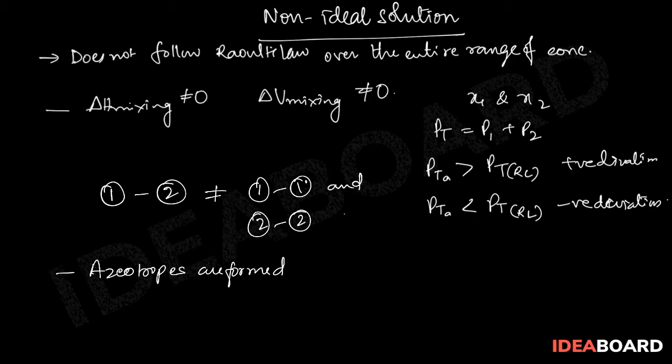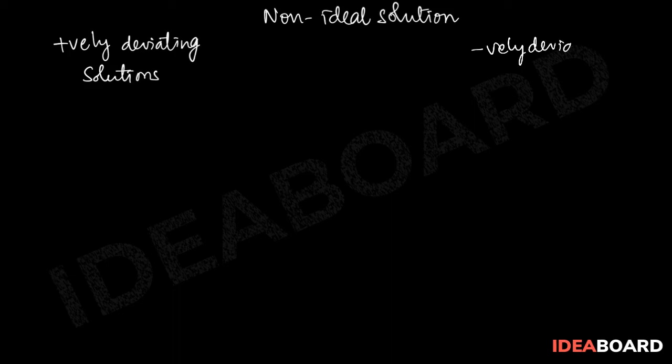So now let us study the behavior of a positively deviating solution and negatively deviating solution. We will be listing the features of positively deviating solutions and here it is going to be negatively deviating solutions.